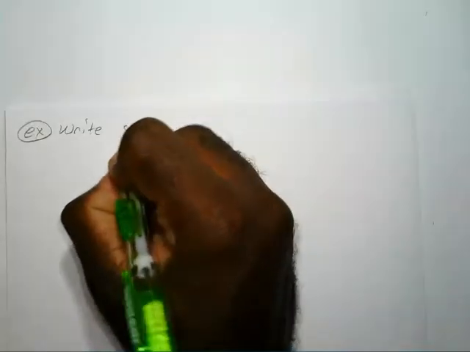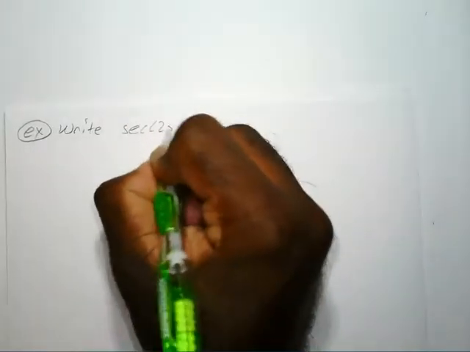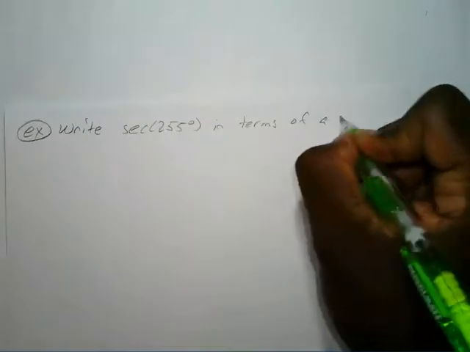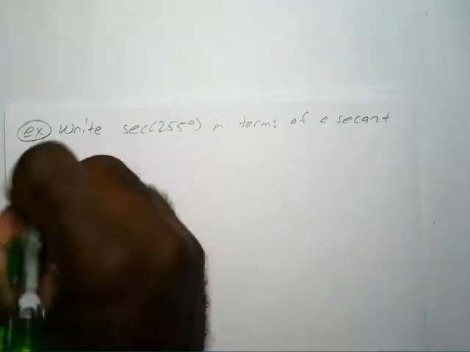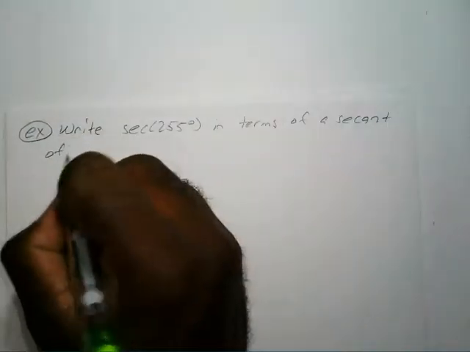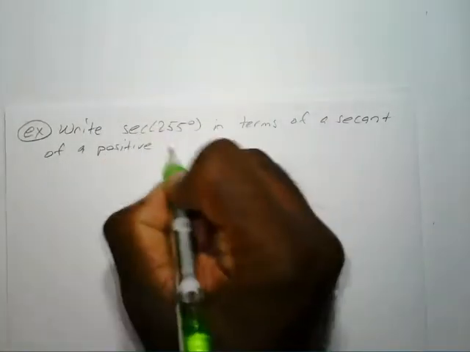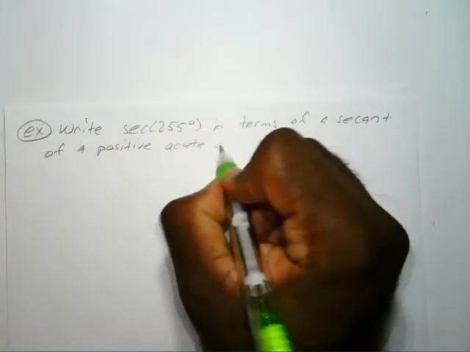All right, let me clean that up. There we go. Let's say, for example, we want to write secant of 255 degrees in terms of a secant of a positive acute angle.